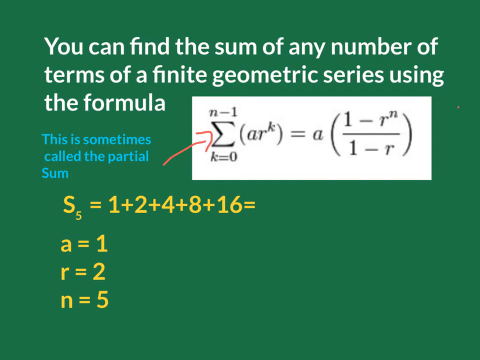At the bottom, you see where it says k equals 0. k represents the number of times that we're multiplying by r as we go through our sequence. So for our first value, our a value, we would have an exponent of 0 on the r because we are multiplying the first term by 1 only.